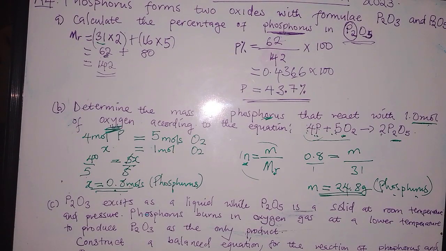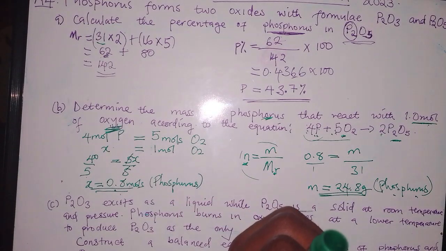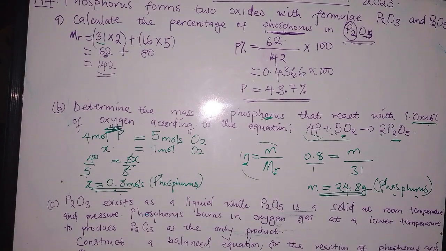Oxygen is a diatomic atom, meaning it exists as two atoms. All the elements in group 7 exist as diatomic.